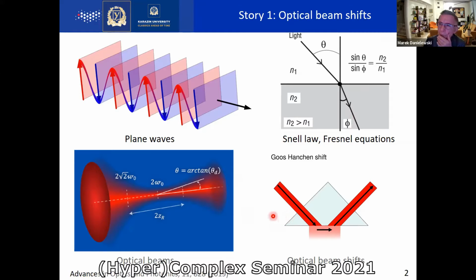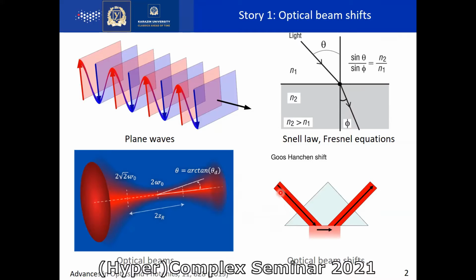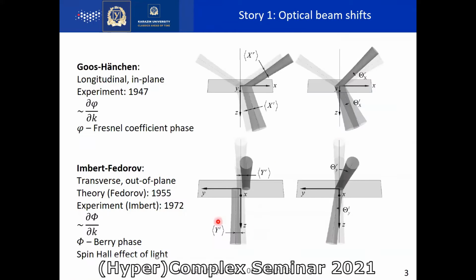It could not be applied. For instance, there are some phenomena which could not be described following the standard Fresnel equations. For instance, the shifts of optical beams. It could be longitudinal shifts or transverse shifts. So there are two types of shifts.